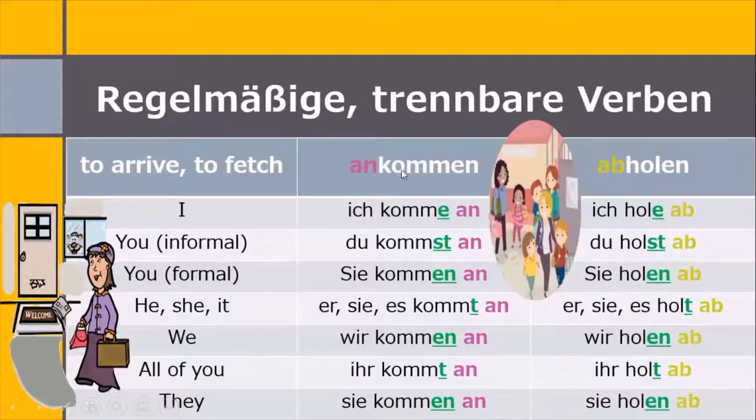Note that this verb kommen in German exists on its own also, and kommen is a regular German verb and it is to come. But adding an before kommen makes it a different verb and it becomes to arrive. They will be positioned in the questions and sentences just like I showed you in the example before.